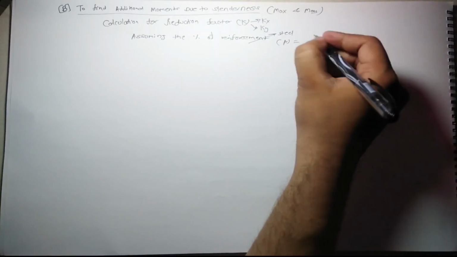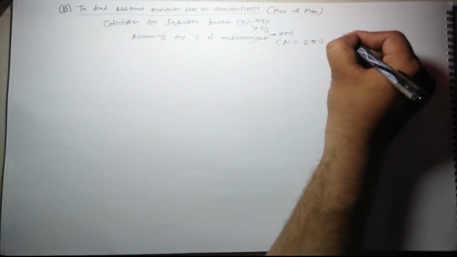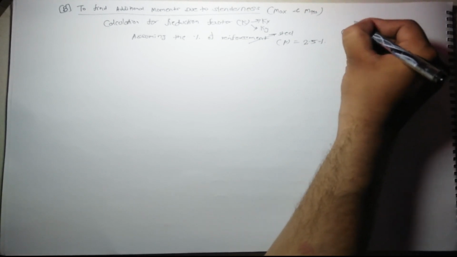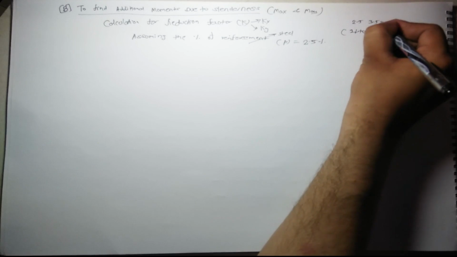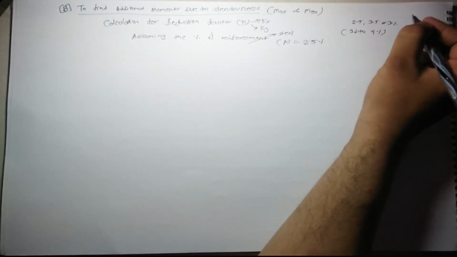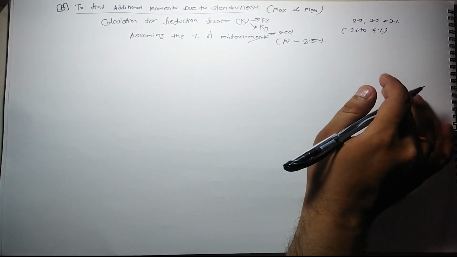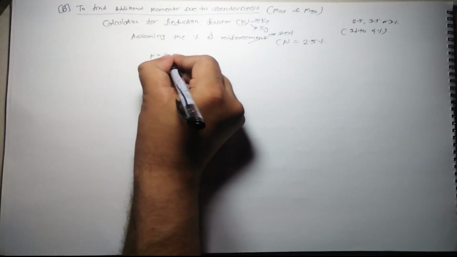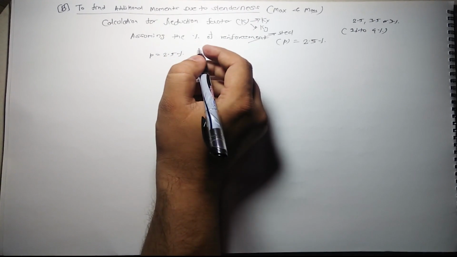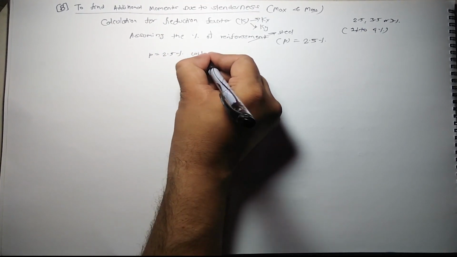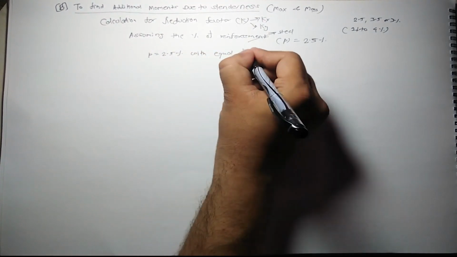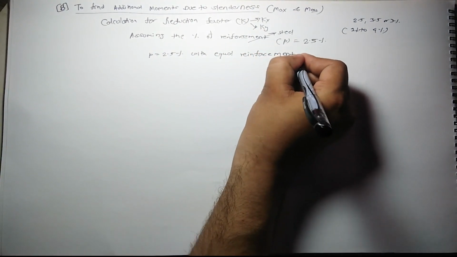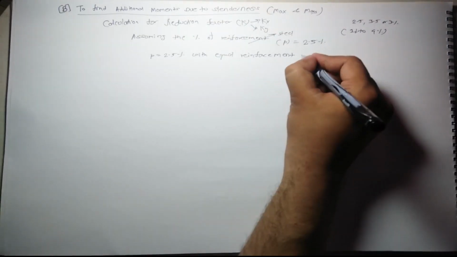Now we'll assume, let us say, 2.5%. Generally it can be assumed from 1 to 4%, maybe 2.5, 3.5 or 3%, you can assume, no problem, depending upon trial. So we have assumed 2.5% with equal reinforcement along the periphery.